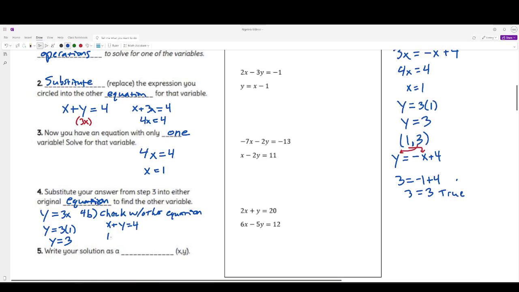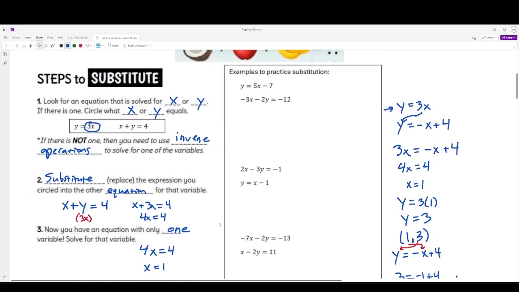So we're going to plug in 1 for x, 3 for y, and make sure we get a true statement. If we do, then we've checked our work and we're positive that 1 comma 3, the ordered pair 1, 3, where x is 1, y is 3, is our solution. So definitely include that step 4b to check after you use one equation to find your variables. Use the other one to check it.